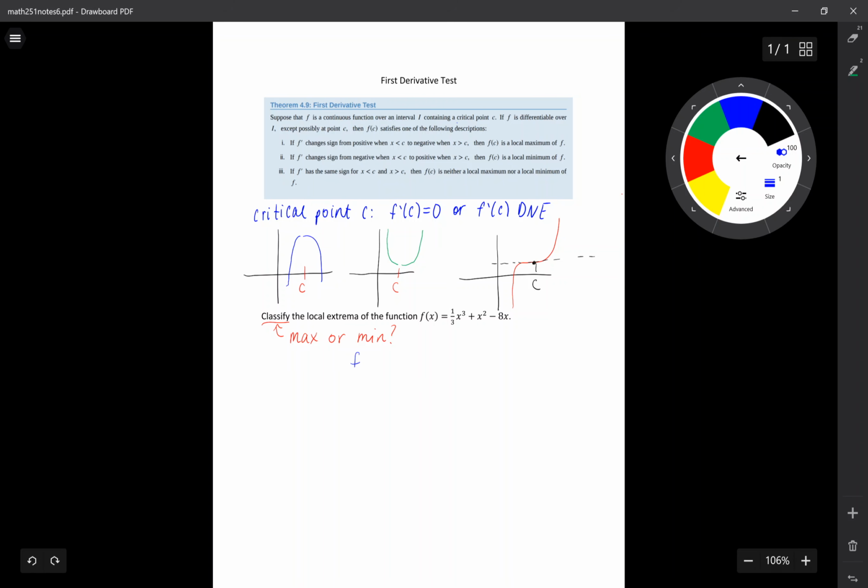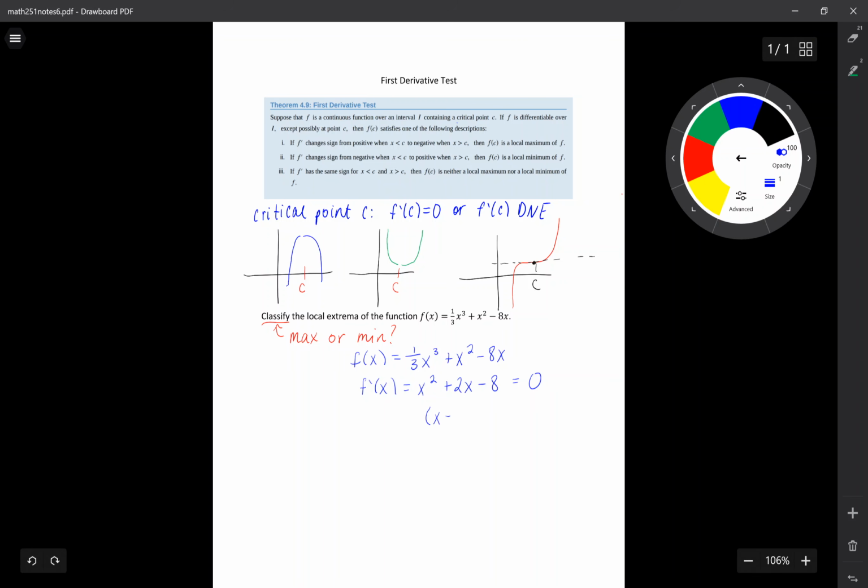So my function f of x is equal to 1/3 x cubed plus x squared minus 8x. If I take the derivative of this function, I get x squared plus 2x minus 8. And I want my derivative to be equal to 0, so I set this equal to 0. And it looks like this factors pretty easily.